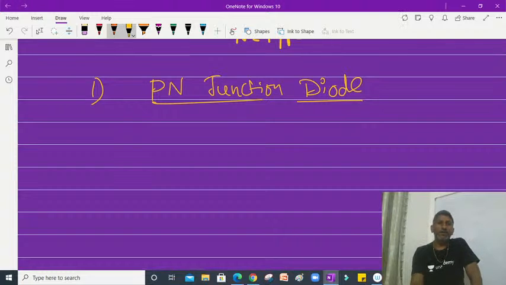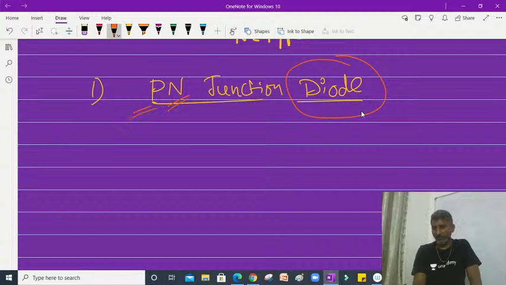In the name itself you can see, di means two, ode means electrode. Yesterday we also gave that definition. This two-electrode device is made of P-type material and N-type material. In between this P and N-type material, one junction is going to form.